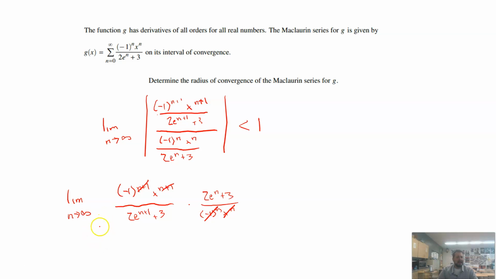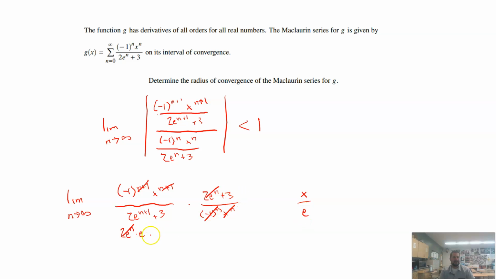Now here you've got to be a little bit careful, because what's happening on the bottom here, this is really 2e to the n times e. So in reality, when the 2e to the n and the 2e to the n cancel as n approaches infinity, I still have an e left over, which I've never really seen them do on a problem like this before, but it's going to be x divided by e.